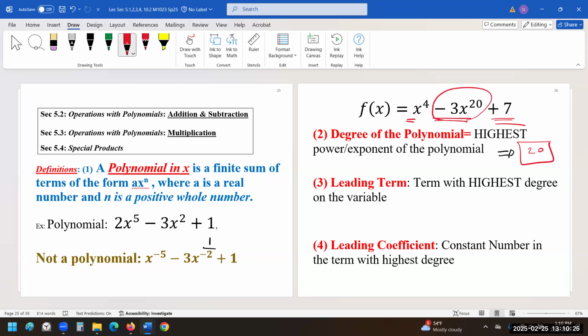Second term. This term has the highest degree, right? It has to have a variable, like the x. So whichever term has the highest power, we call it the leading term. So here our leading term is negative 3x to the 20.